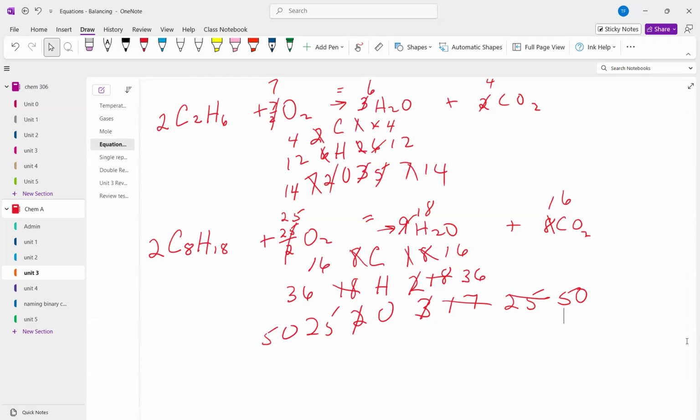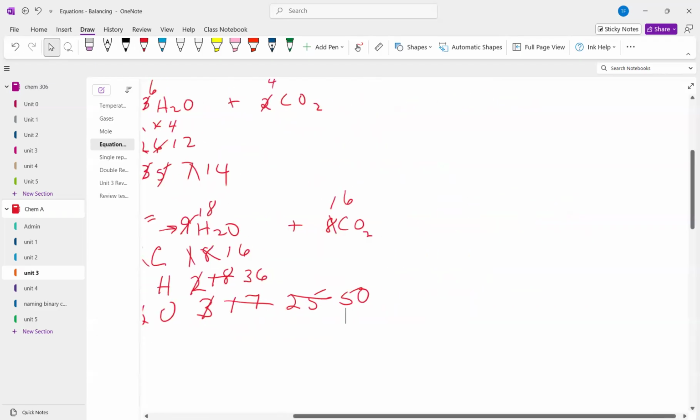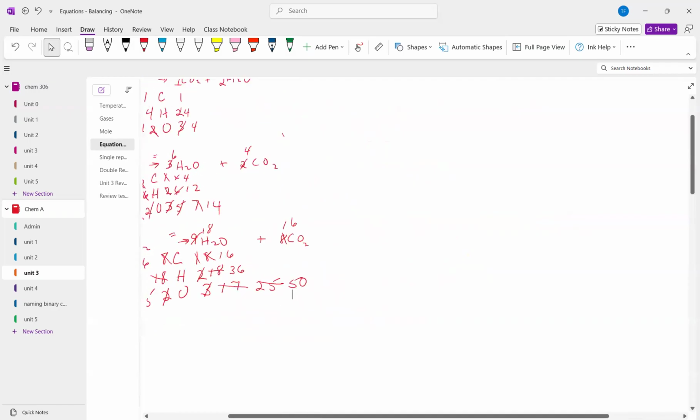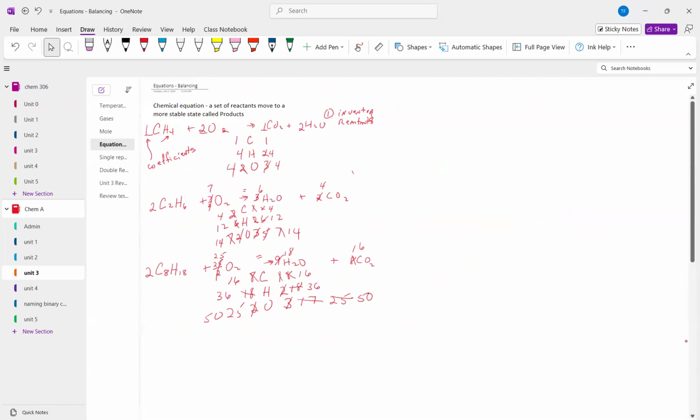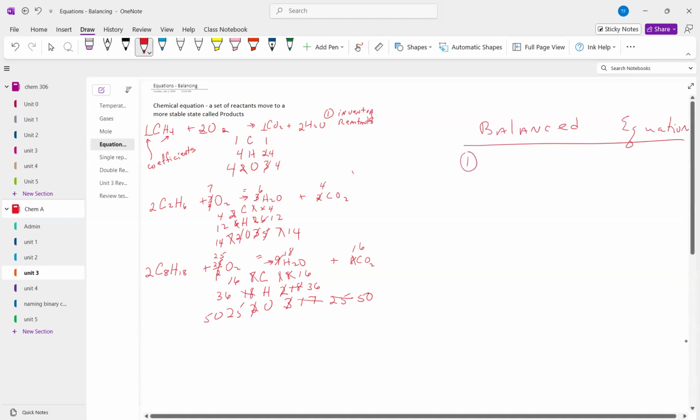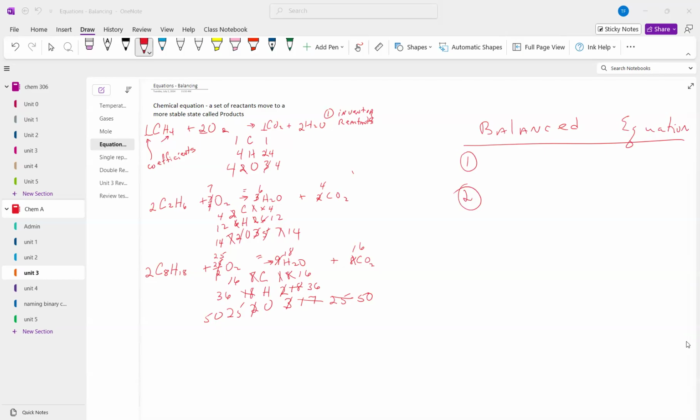So let's talk in general about, once we have a balanced equation, it gives us two things. And it doesn't give us another.